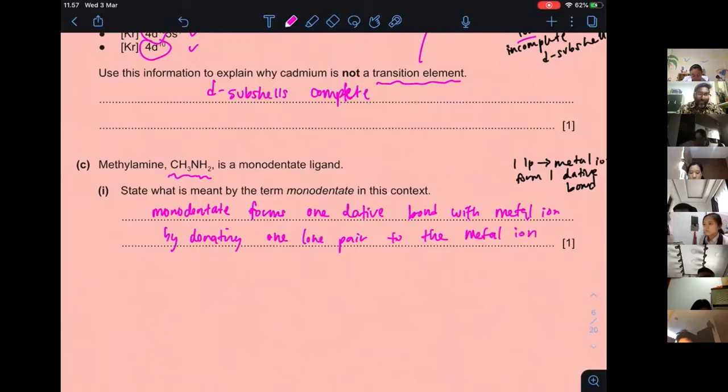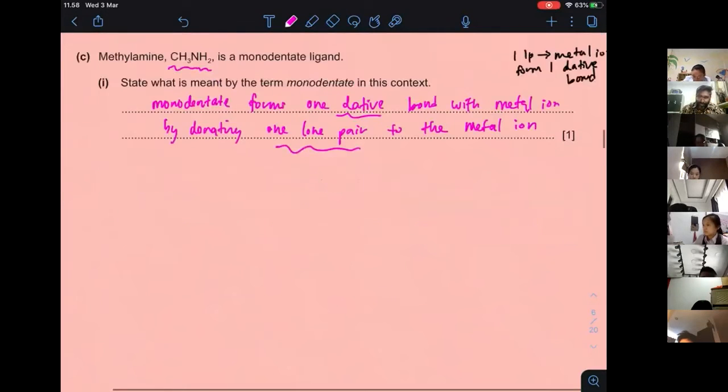Donating, or forming a bond by donating one lone pair. Depends how you want to put it. But do remember, the dative must be there, the lone pair must be there. In this question I think they only focus on the lone pair, but the marking key will be a little bit more flexible, so they'll accept one dative bond or one lone pair, still fine. So that is going to be the answer for this monodentate ligand.